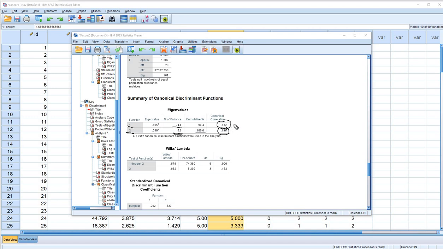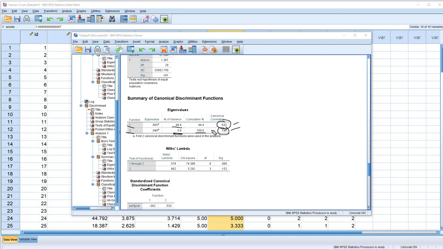So you can see that the first function would have the largest canonical correlation, the second one would have the next largest, and obviously if we had more discriminant functions, they would continue to decrease. So you can see that the first function has a pretty substantial relationship with our grouping variable.